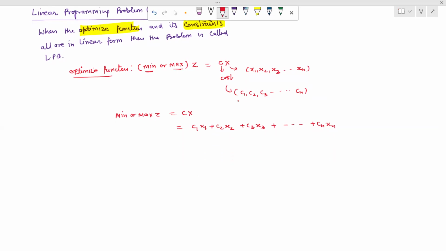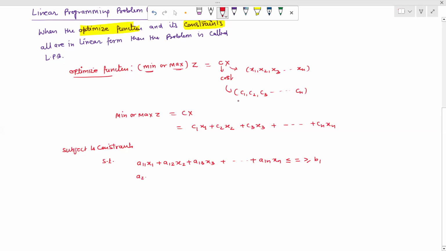Then we write subject to constraints, st in short, which is a11x1 plus a12x2 plus a13x3 and so on plus a1nxn, which may be in the form of less than or equal to, equal to, or greater than or equal to b1.